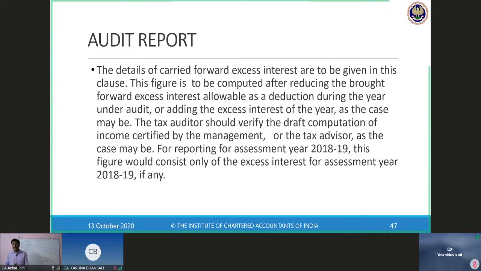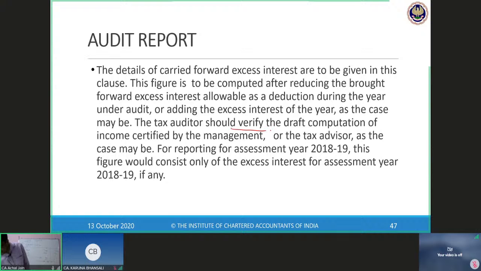The details of carry forward excess interest are to be given in this clause. This figure is to be computed after reducing that brought forward excess interest allowable as the deduction during the year under audit, and after considering the... the auditor should verify.